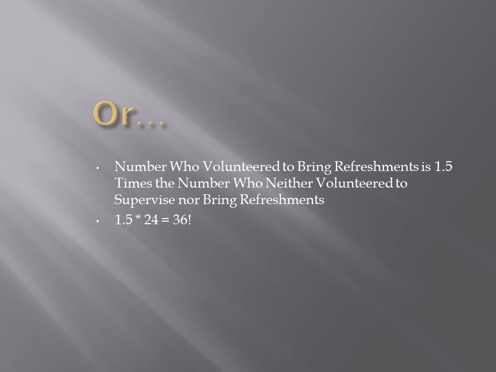So once you had solved for Y, you didn't need to go through and solve for X. You could have just done 1.5 times Y, which is 1.5 times 24, which also equals 36. Either way is fine. Either way you come to the same answer, and that's 36. So 36 is answer choice B, so B is the correct answer.